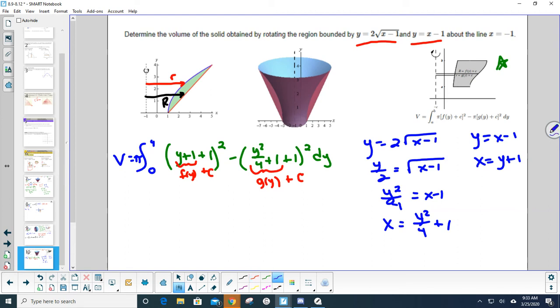Now, if it's just not in you, you just can't handle it, it doesn't hurt at all to say y plus 2 squared minus y squared over 4 plus 7 squared dy. Okay, that's perfectly fine. You get it wrong, but that's perfectly fine. And here's the deal. Do you see right above it, I have it right?